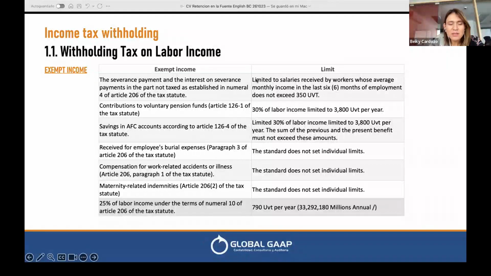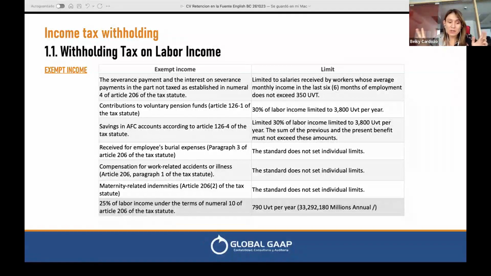That is important. And something important here that is just another strategy that you can use is a special savings account called AFC. When you put money in this account, your company doesn't withhold anything from you, and then from that account, directly to your lease or to your mortgage, you can make the payments.